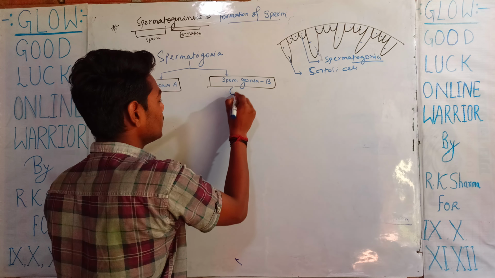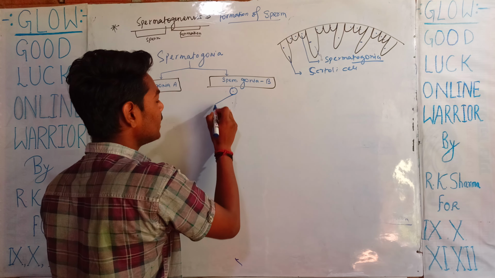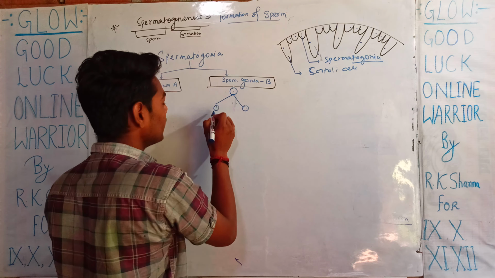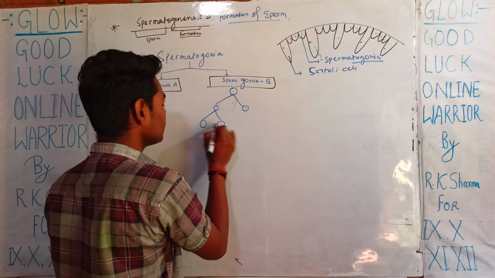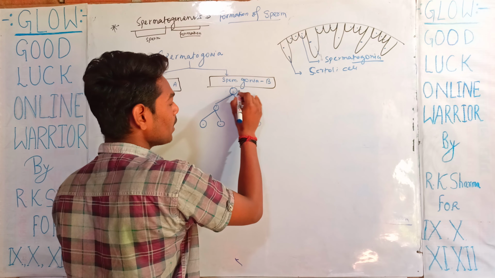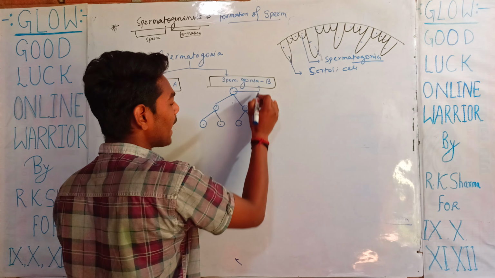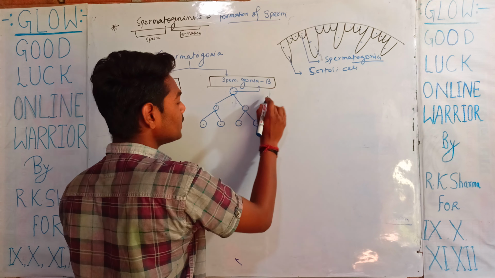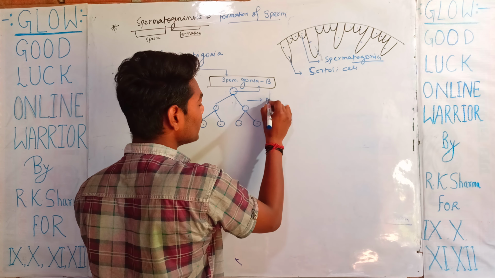This is spermatogonia B, and it will divide, and more divisions occur. This division is known as mitotic division.